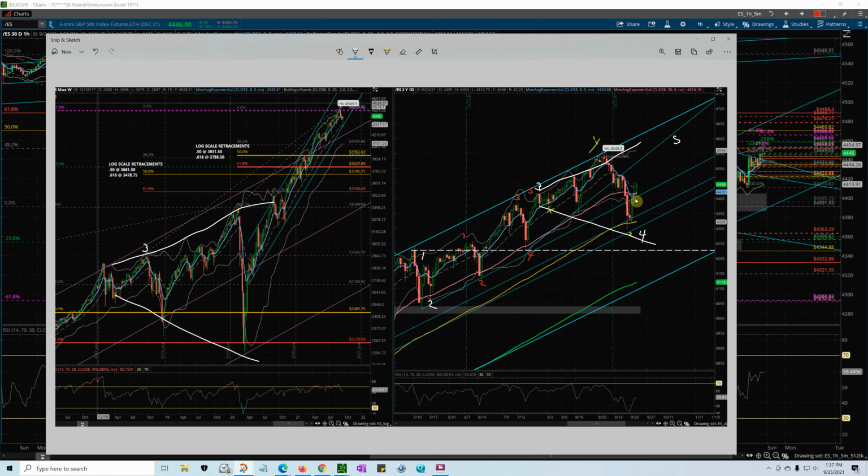And if we go up in a fifth wave, stop me if I've said this already, it would be a fifth wave of a fifth wave of a fifth wave of a fifth wave. So it's at least a 5 of a 5 of a 5 of a 5, which means it's bullish short term, but soon to be bearish on every other time frame.